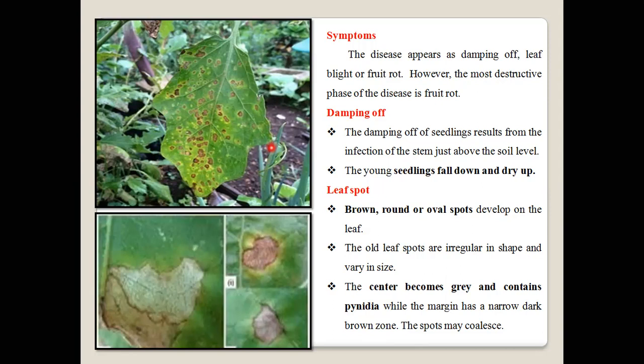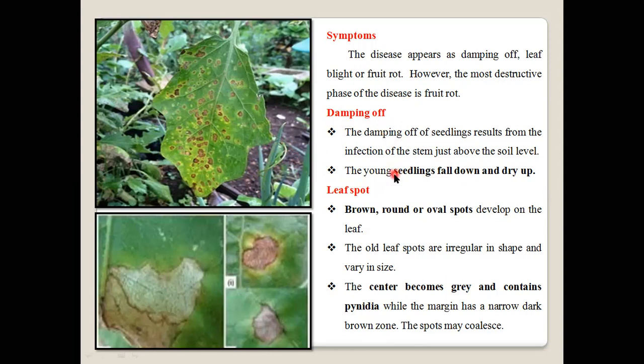This pathogen girdles the younger stems, so these stems generally collapse. The infection spreads in the upward and downward direction from the collar portion, the point of infection. The younger seedlings fall down and totally dry. This type of infection is known as damping off.